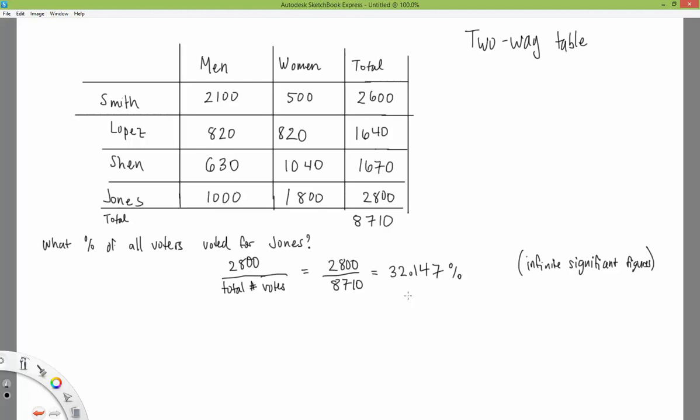Okay. So what percentage of all voters voted for Jones? That answer would be 32.147. Okay. We could ask, what percentage of male voters voted for Jones?